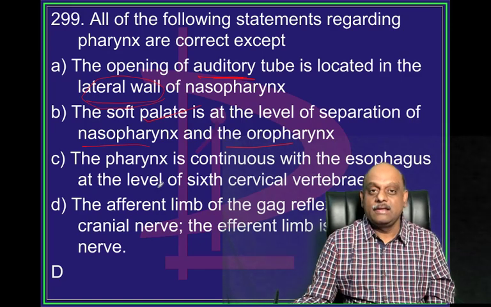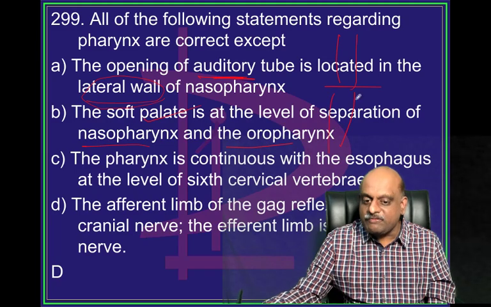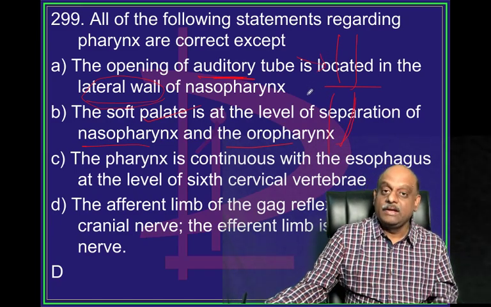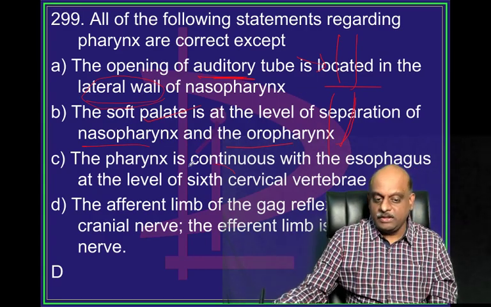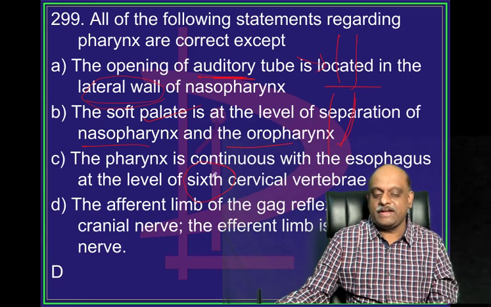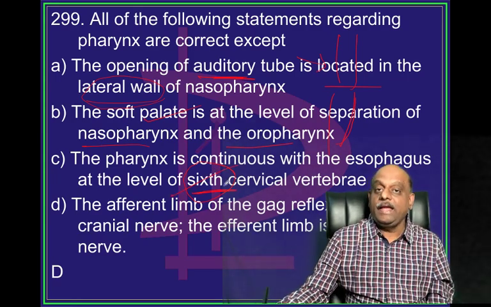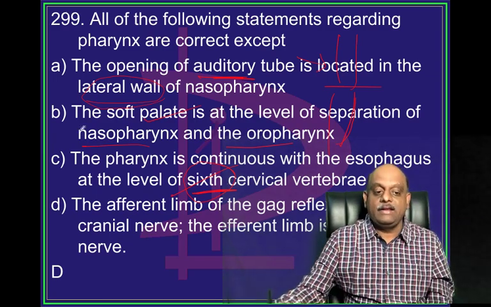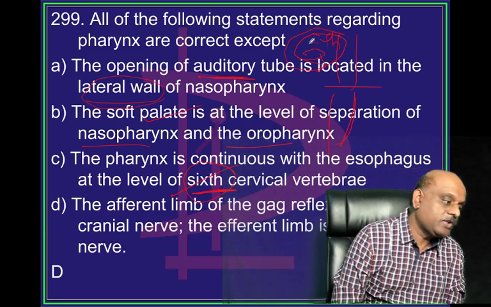And where does the pharynx meet the esophagus? What is the anatomical level? A lot of times this question was asked. The golden number is the 6th cervical vertebra. It is the location where typically you have the pharyngo-esophageal junction, the anatomical level, the sixth cervical vertebra, is what you are going to remember.